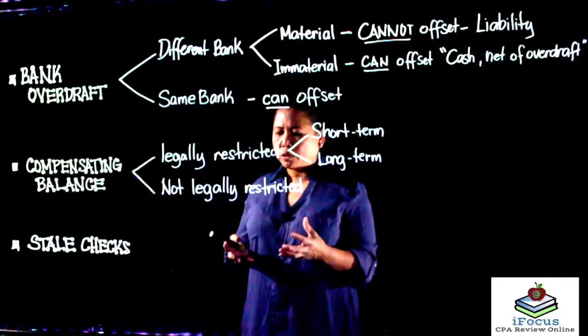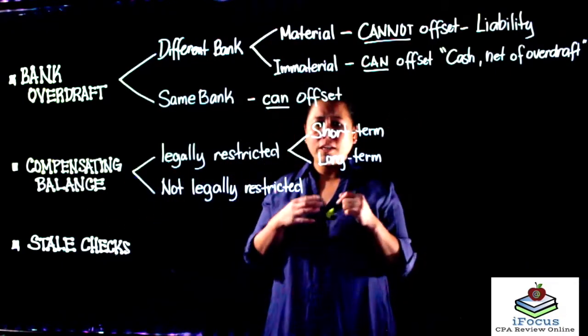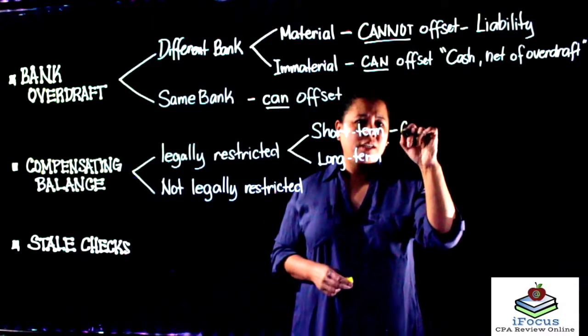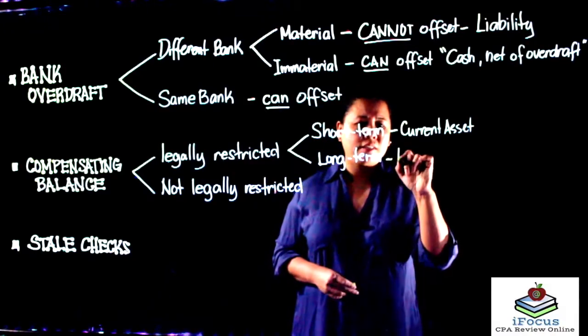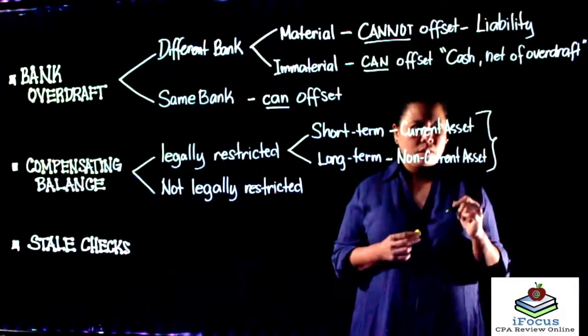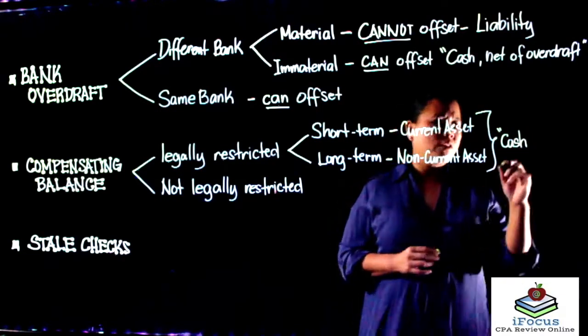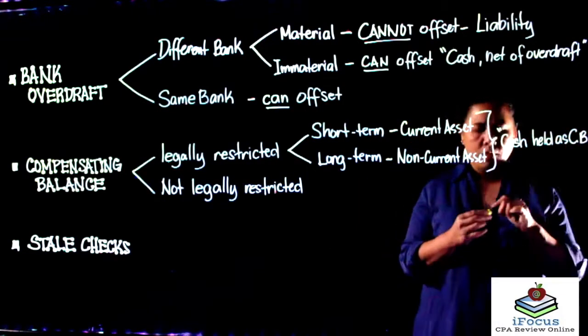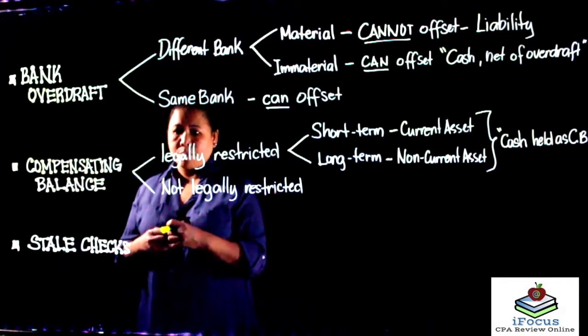If the loan that creates the compensating balance is short term, then we classify this as current asset. If it's long term, then we classify this as noncurrent. That's how we account for our compensating balance.